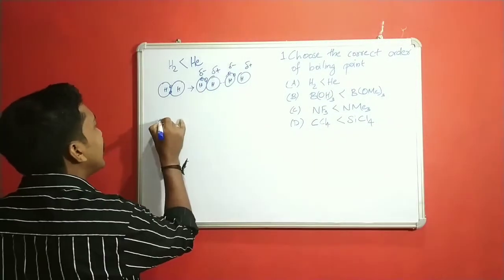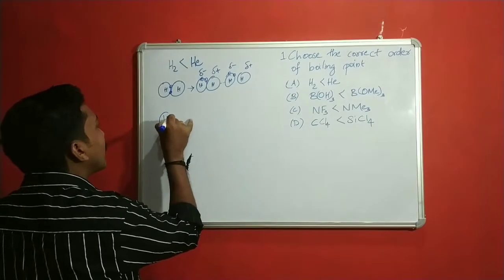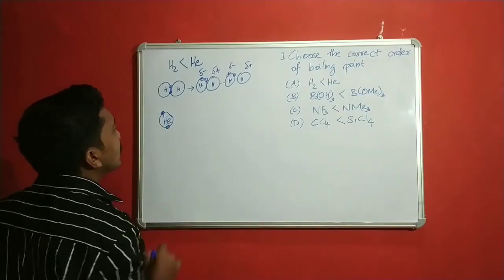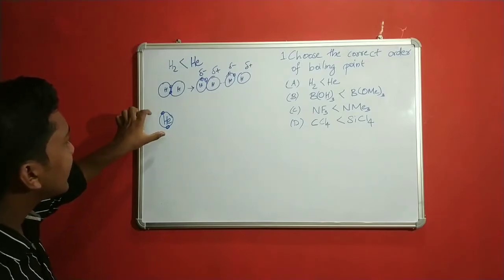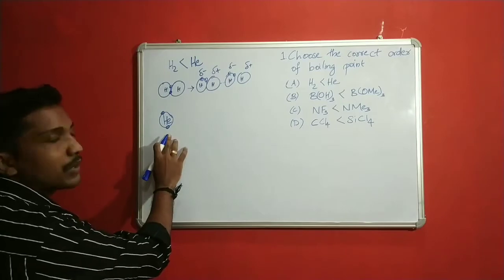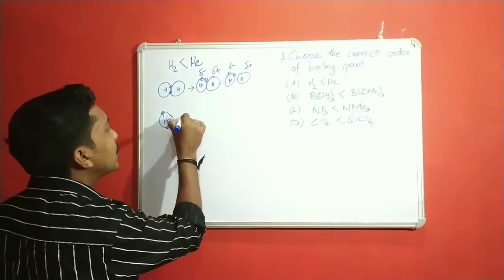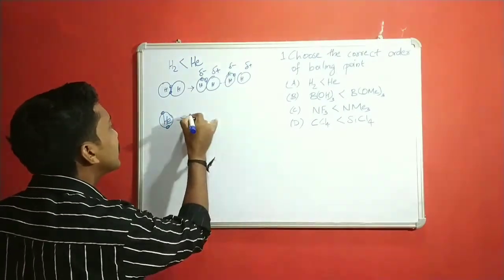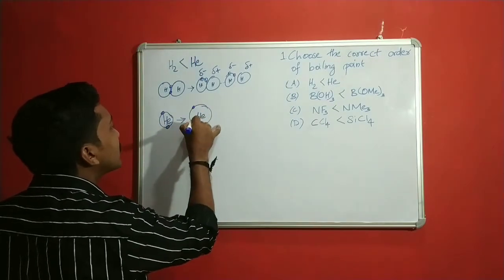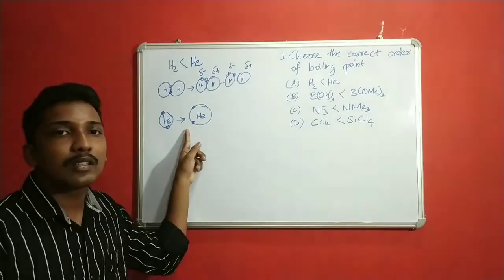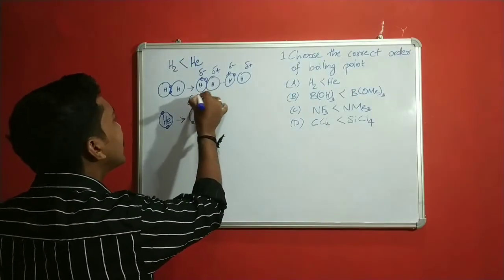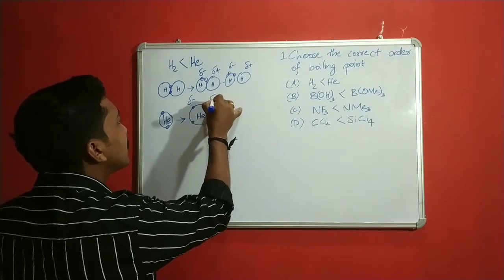Similarly, in helium, there are two electrons. If I write like this, it is a neutral environment, with one electron opposite to the other one. But due to some reason, this distribution gets changed to like this, with two electrons in nearby positions. In that case, we can write a partial negative charge here and a partial positive charge here.